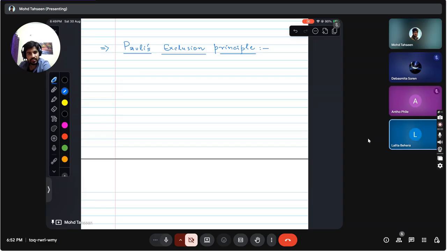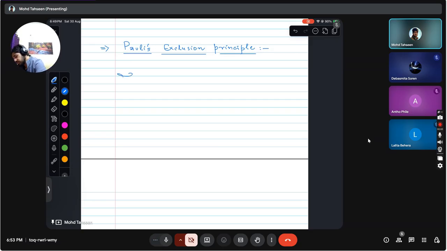This principle states that there is no... for all quantum numbers. Right, correct. That's absolutely correct.